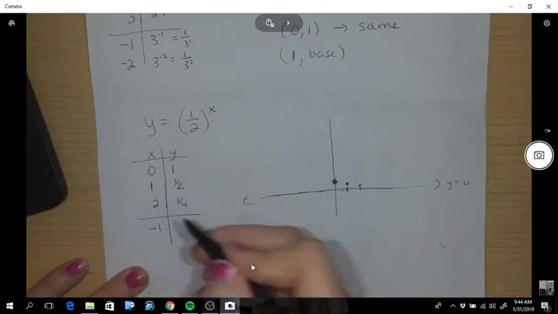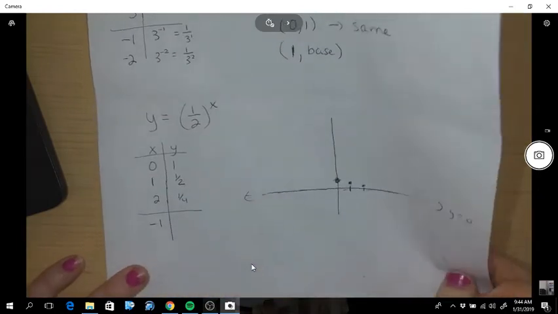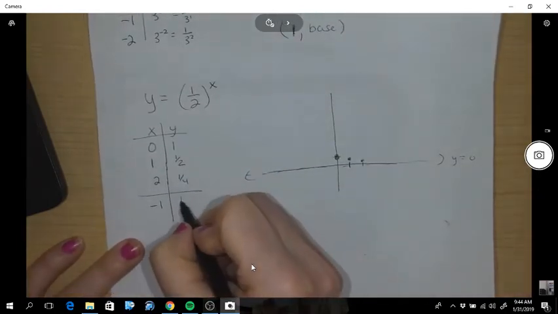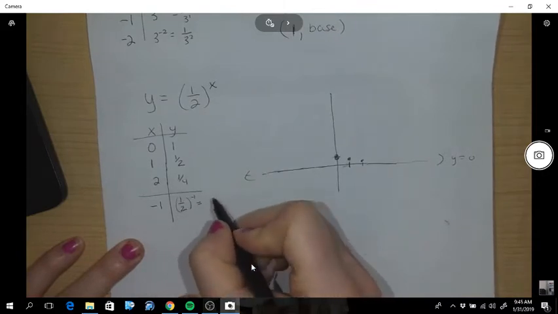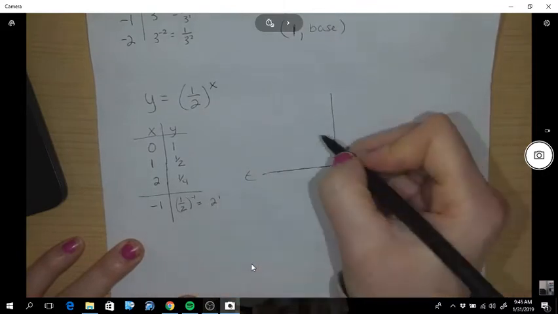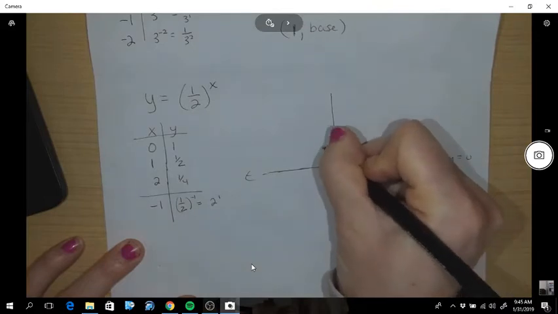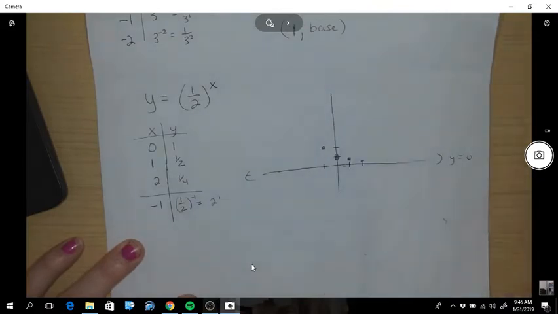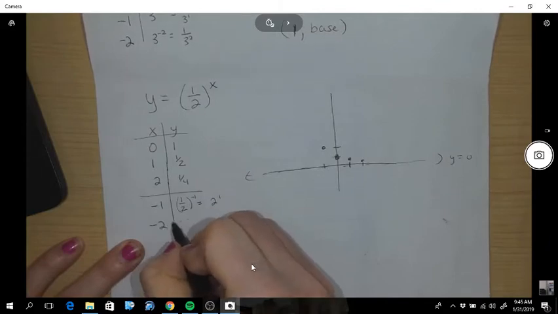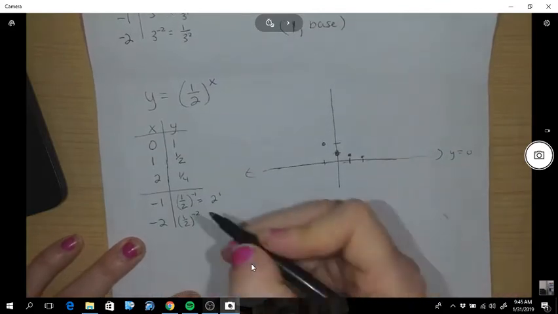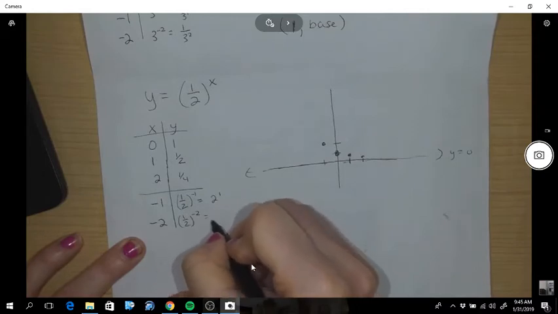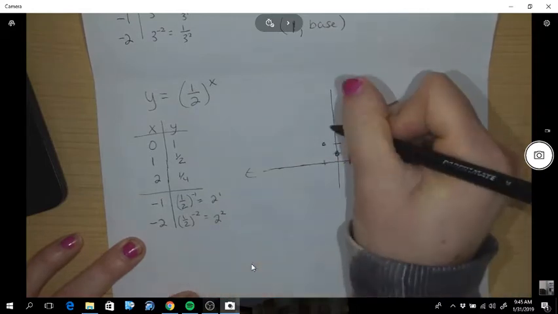Okay, so let's take some negative x values. -1, 1/2 to the -1 really means this reciprocal to the 1. So that's 2. -2, okay, means this reciprocal is to the 2, so that's 4.